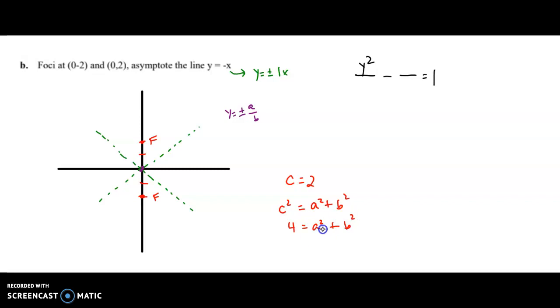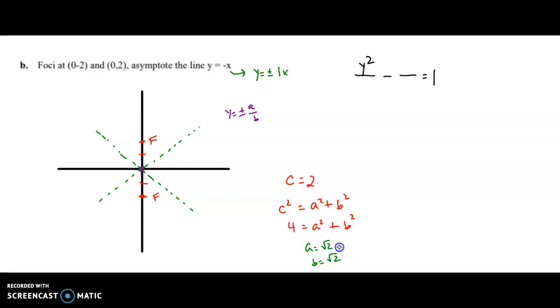Now, if it equals 4, then that means each of A and B have to be root 2. A is going to equal root 2 and B is going to equal root 2. Because when you square the square root of 2, that's how you get 2, and then 2 plus 2 is going to be 4.